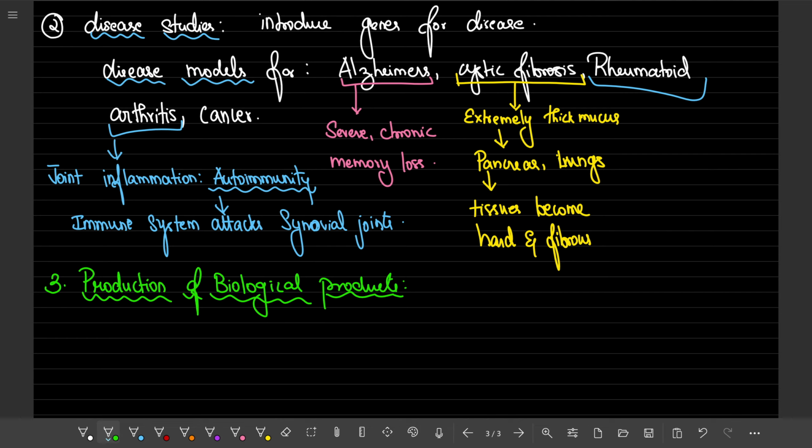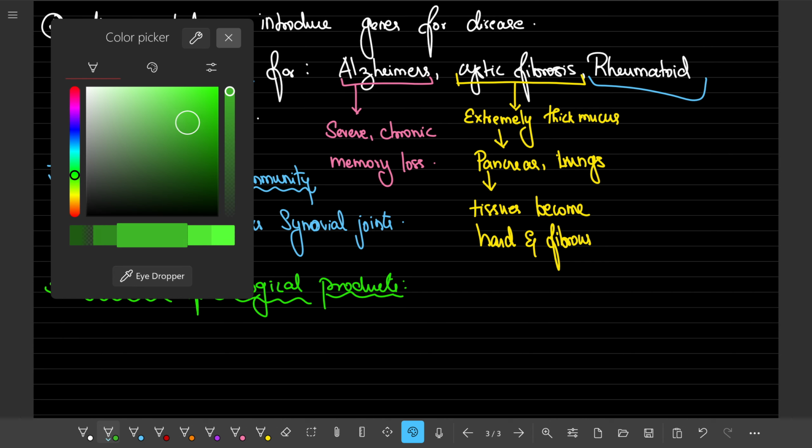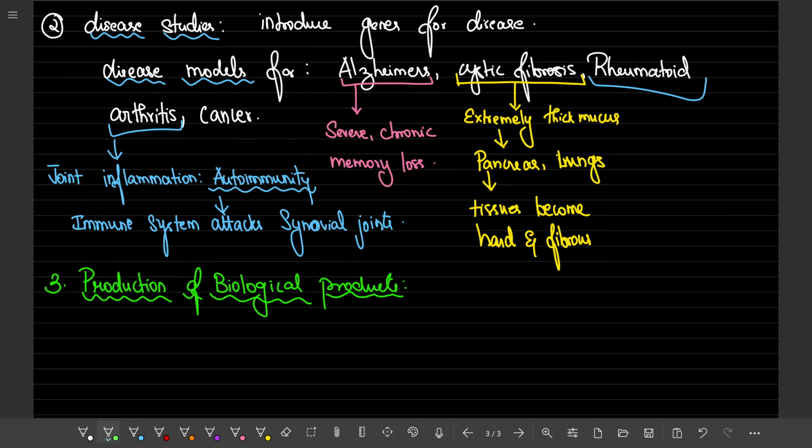This is where who comes up? Jessie, Rosie. So whatever products humans need, those will be produced with the help of these organisms. So what kind of products are we talking about? First is a transgenic cow named Rosie.